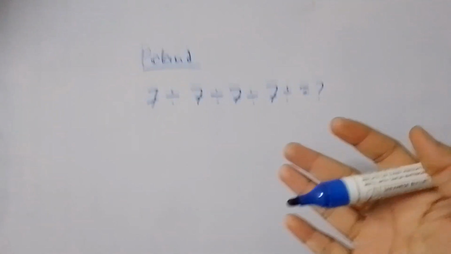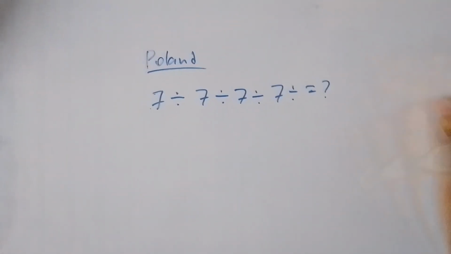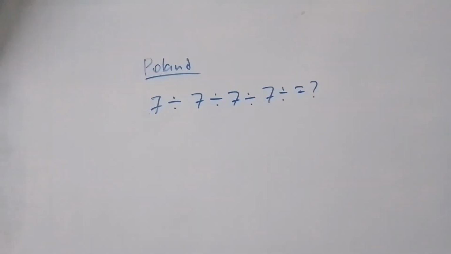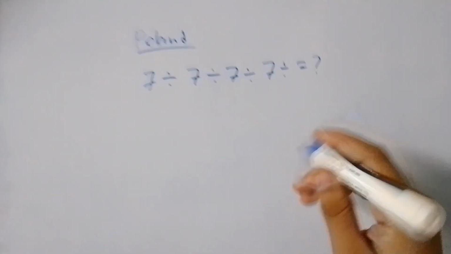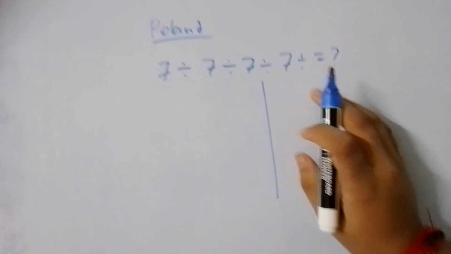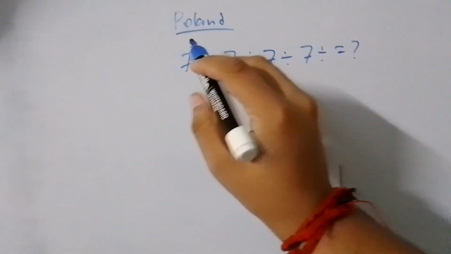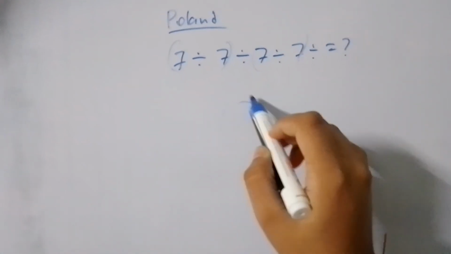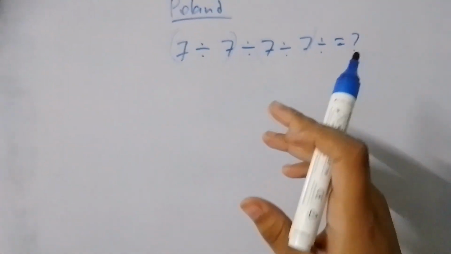You need to know the rules for how to solve these basic questions. If you don't know any rules, you can probably get two answers. One is that you could have done this and found 1 divided by 1, or something else.